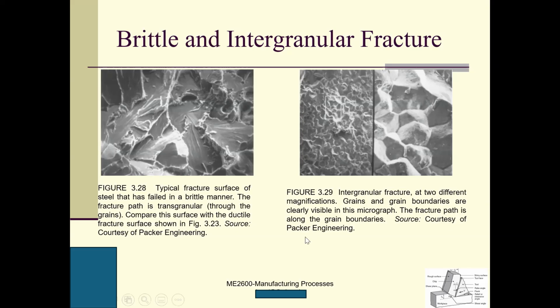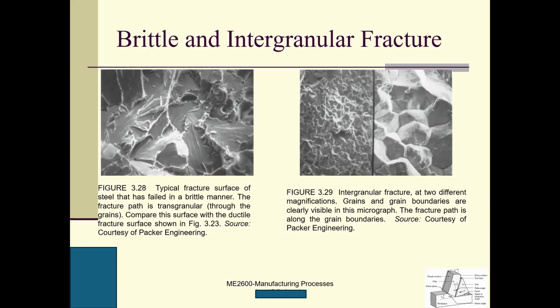So here is an intergranular fracture at two different magnifications. What is intergranular? As the name suggests, intergranular means between the grains, right? Inter means international, international means related to multiple countries.